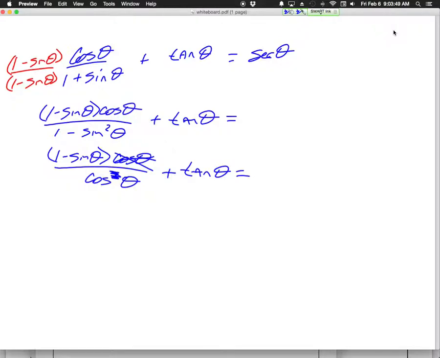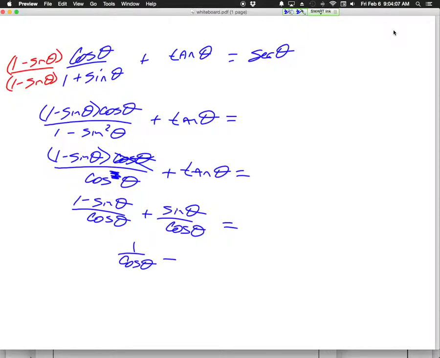That makes the tangent sine over cosine. Oh, this is a minus sign, so it's minus negative sine, sine plus sine. And then equals 1 over cosine, which is secant.